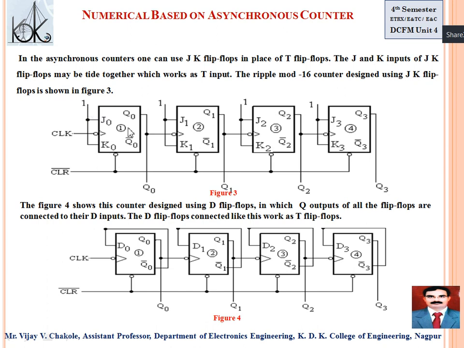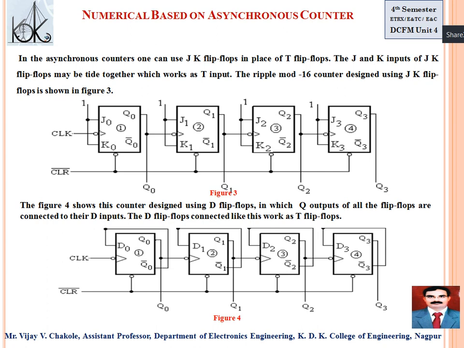If you know the JK flip-flop truth table: when J equals 0, K equals 0, no change. When J equals 0, K equals 1, output Q is always 0. When J equals 1 and K equals 0, output Q is always 1, whatever was the previous output.